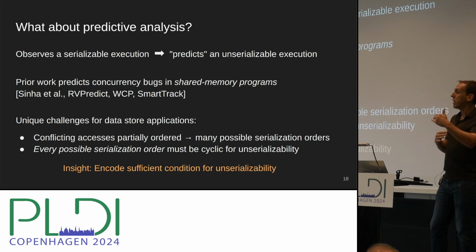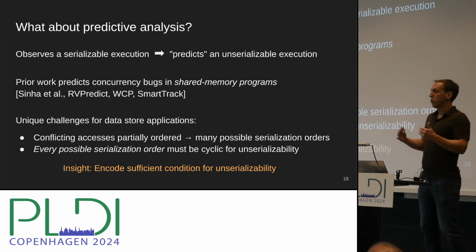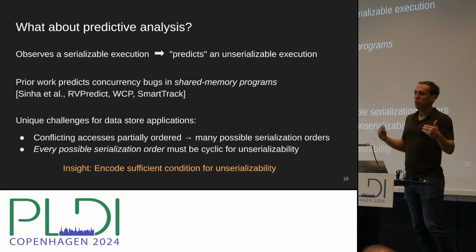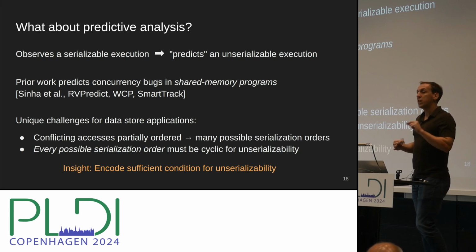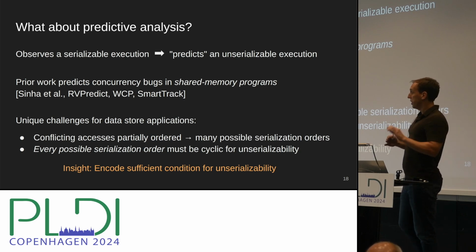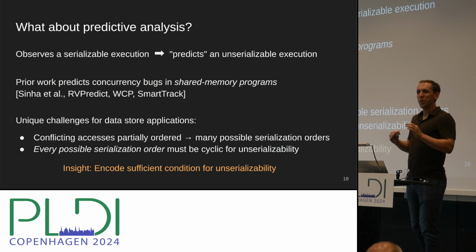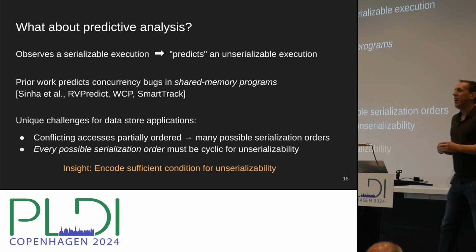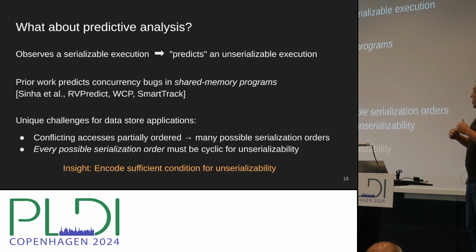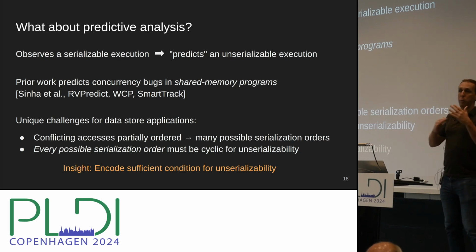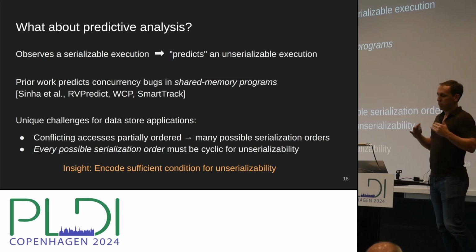To ensure something is unserializable, you have to check that no commit order exists for the execution. It actually means that checking whether a single execution is serializable is NP-hard. That makes it even harder to do prediction, since we're also predicting over all of the possible write-read orderings.